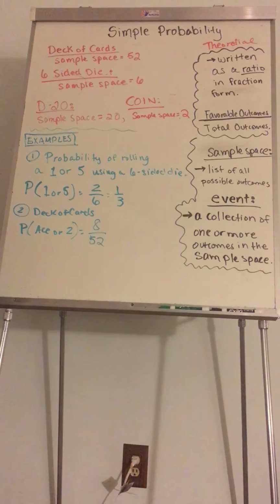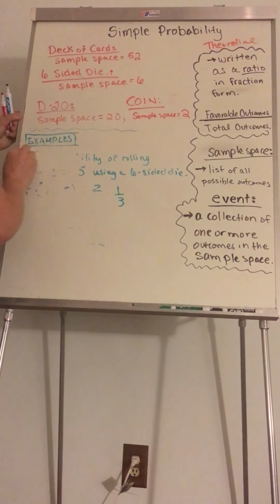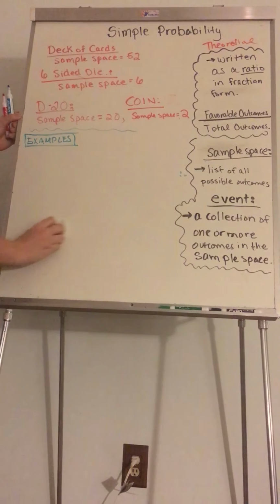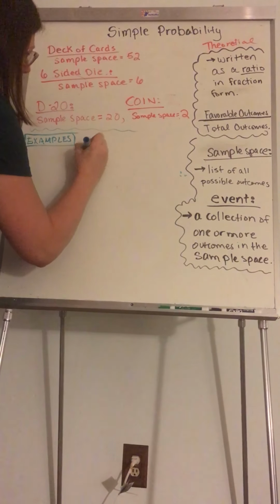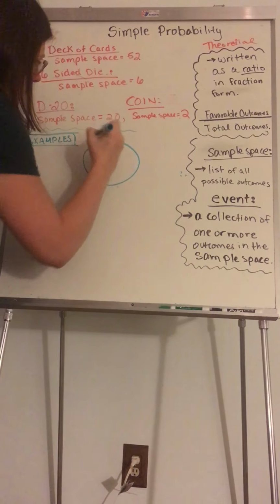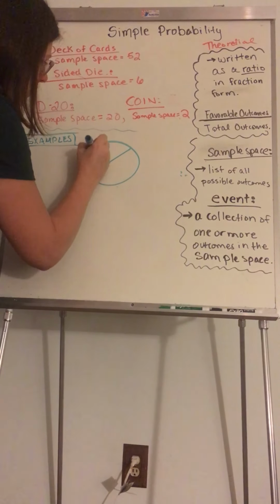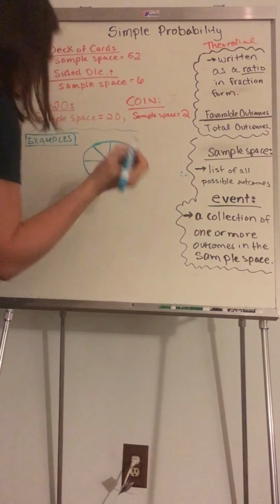Okay, so I'm going to give you another type of probability here. Let's call it example 3. I'm going to draw a spinner on the board. Here's what I mean by that if you don't recall that off the top of your head. So say I have a spinner like this, and I'm going to split it into this many sections.